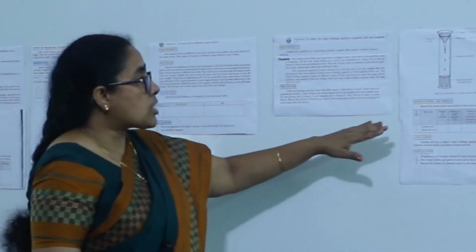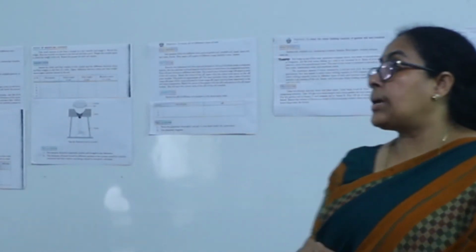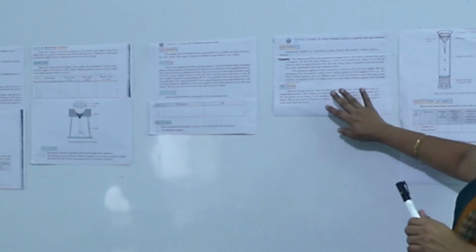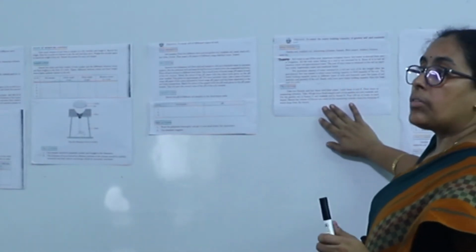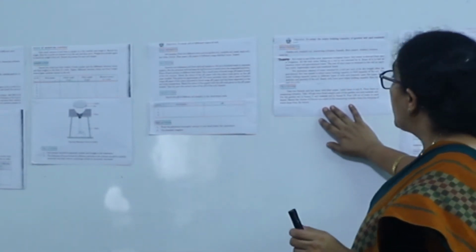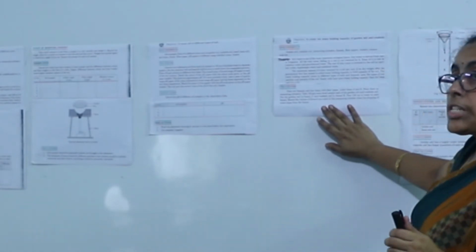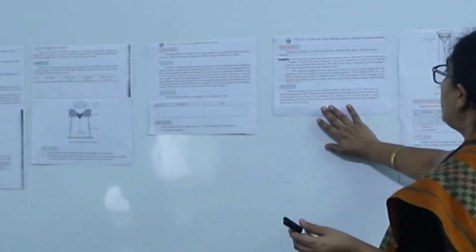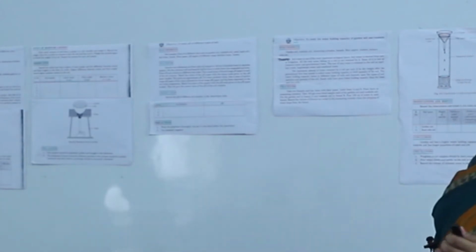And the last experiment is the water holding capacity. Water holding capacity, as you know, soil water is the most important ecological factor. It is derived from the rain or the irrigation.